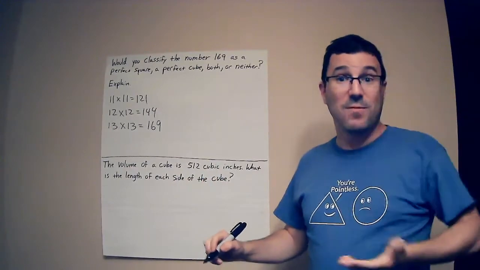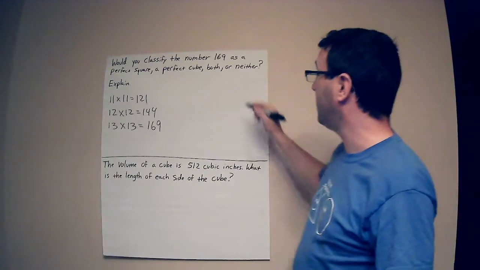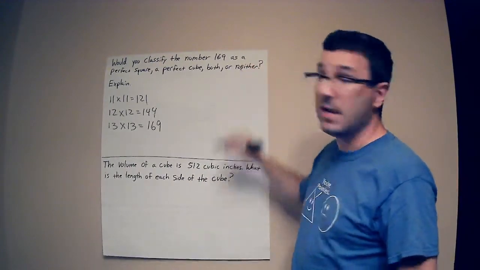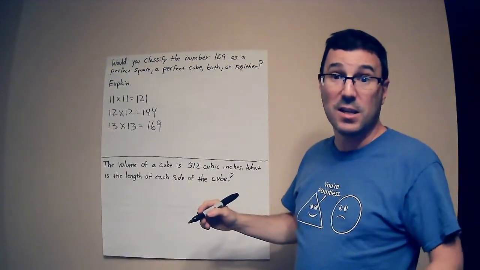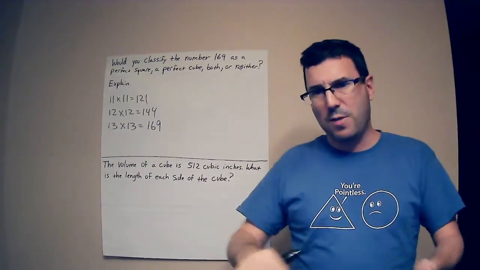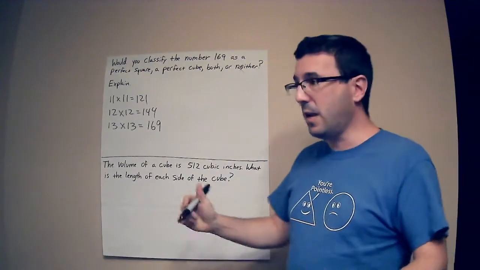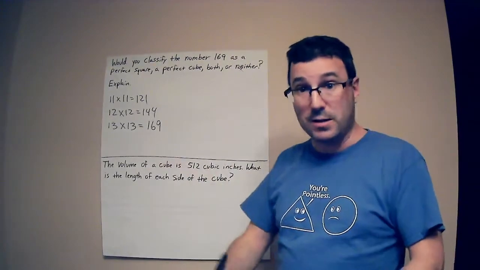Well, now we got to figure out, is it a perfect cube as well? We can actually say, well, we definitely know it's not neither because we know it's at least a perfect square. So I have to start going through my cubing, which basically is taking the number and multiplying it by itself.